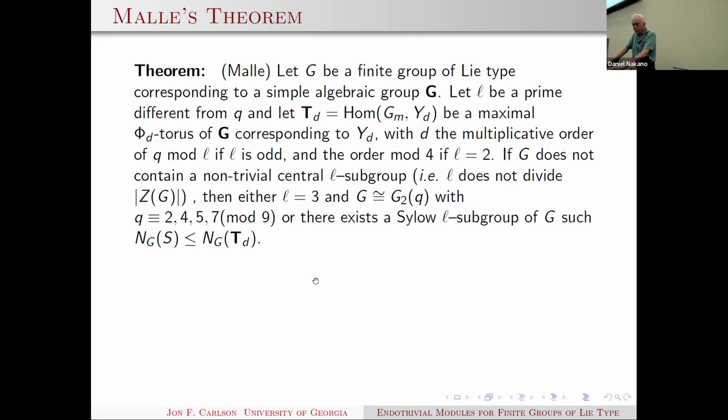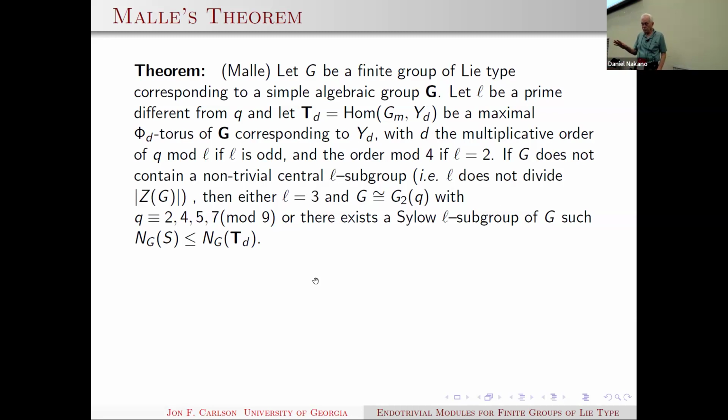That is to say that L does not divide the order of the center of G. Then one of two things happens. Either L is 3 and G is type G2, or there exists a Sylow L subgroup S of G such that the normalizer in G of S is contained in the normalizer in G of the torus.